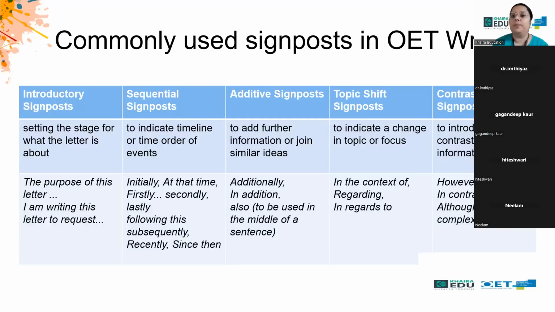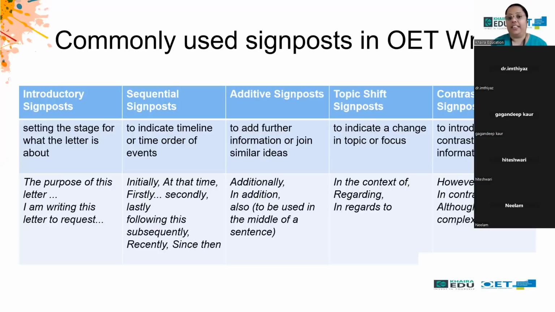Additionally, physiotherapy sessions were commenced. So what are you doing? In both the sentences, you're giving the information about similar ideas, the treatment that was provided to the patient, but you cannot put them into one sentence because it's not the same treatment. It's not medicines that were provided. So you're adding similar ideas with the help of the additive signpost additionally.